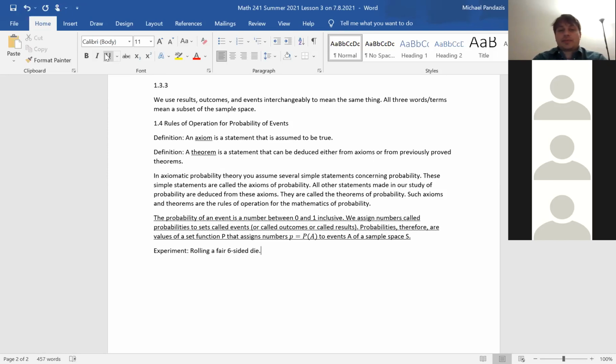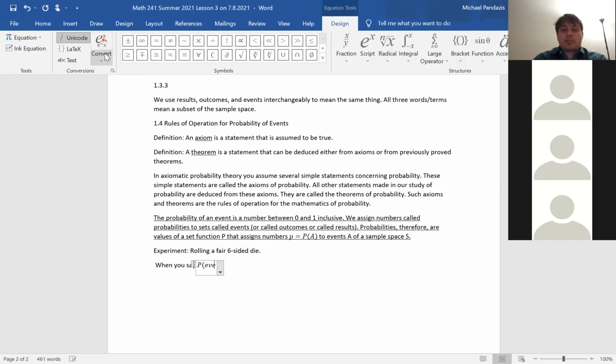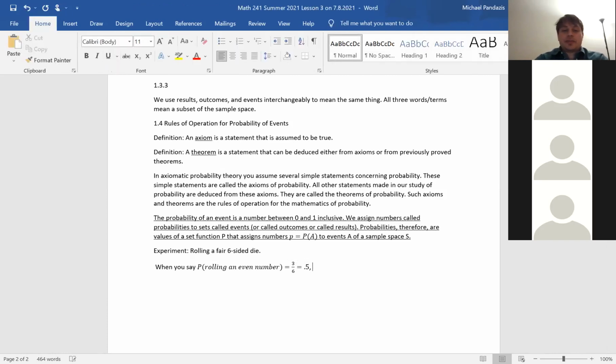So when you say the probability of rolling an even number is equal to 3/6, which is 0.5, when you say that, what you are doing is assigning the number 0.5 to the event of rolling an even number.